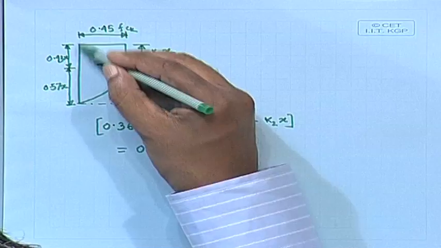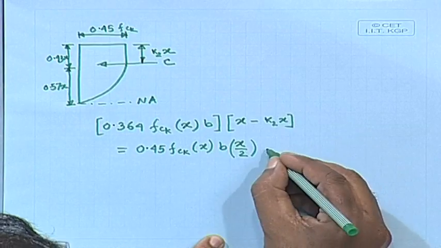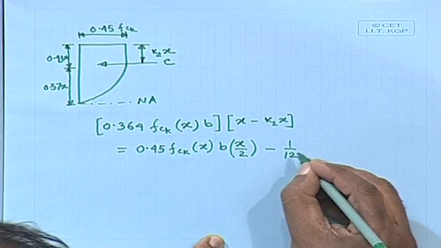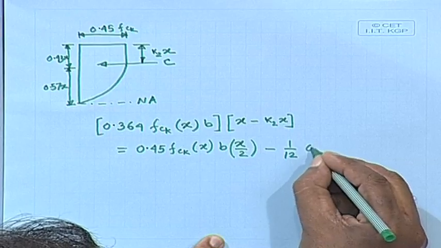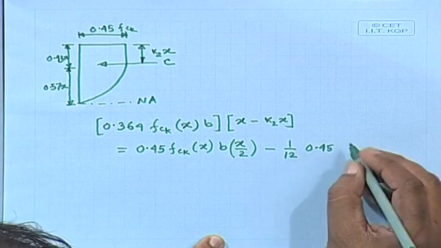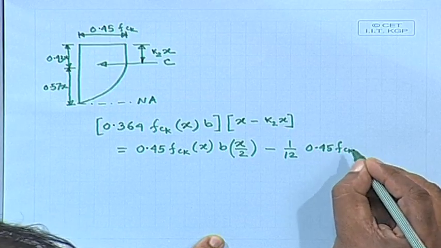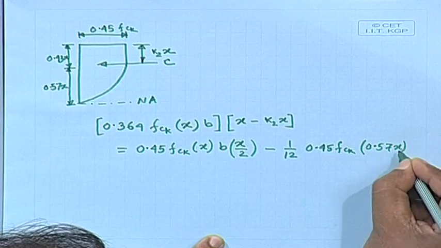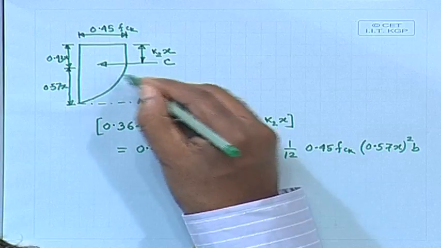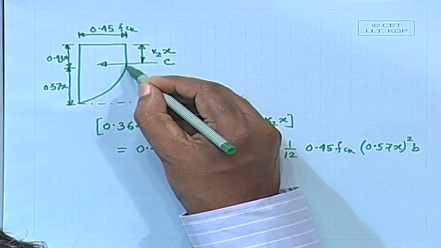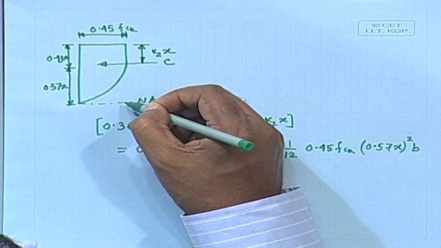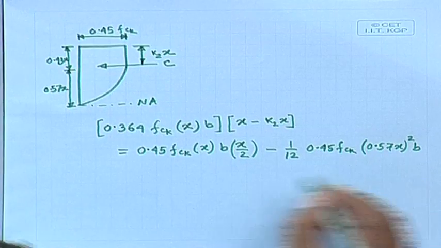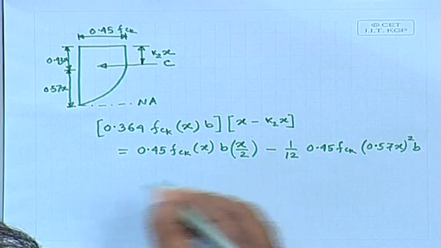So we are getting the total rectangle minus 1/12 x whole square b. We take that area, so we are taking out this parabolic portion, area times that CG.